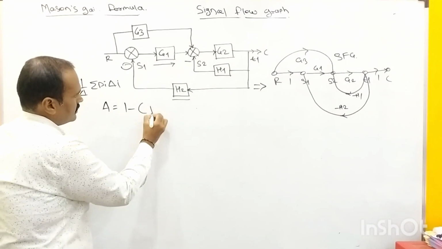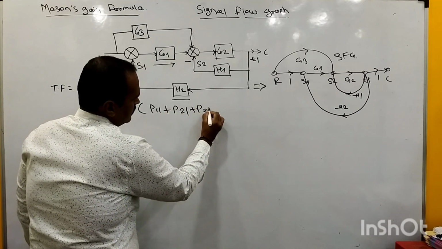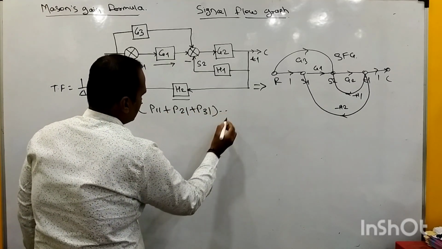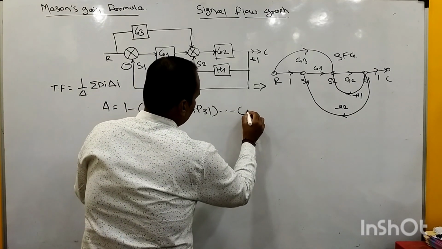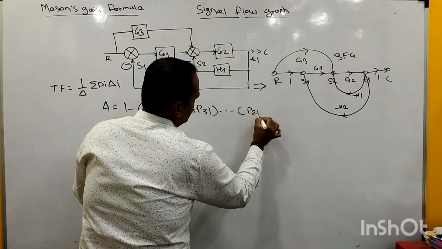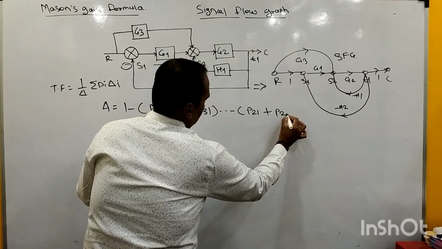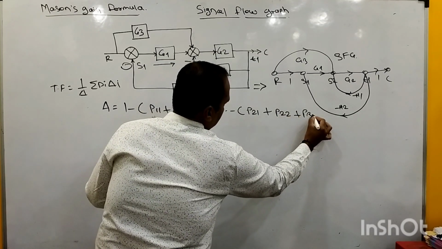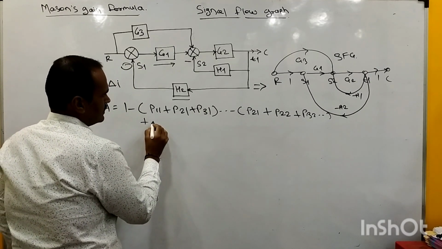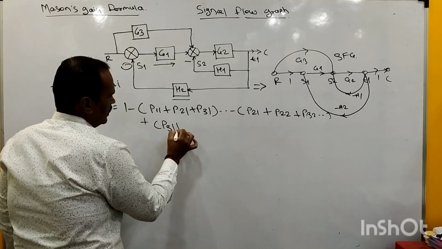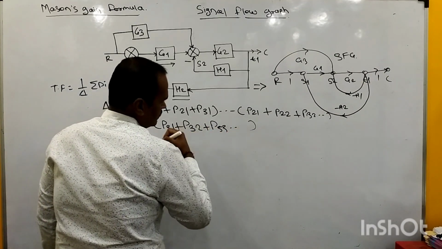Delta equals 1 minus (P11 plus P21 plus P31, like this), minus, in that second parenthesis, P21 plus P22 plus P32 up to n number of terms, right? Plus the last parenthesis includes P31 plus P32 plus P33, like this, right?